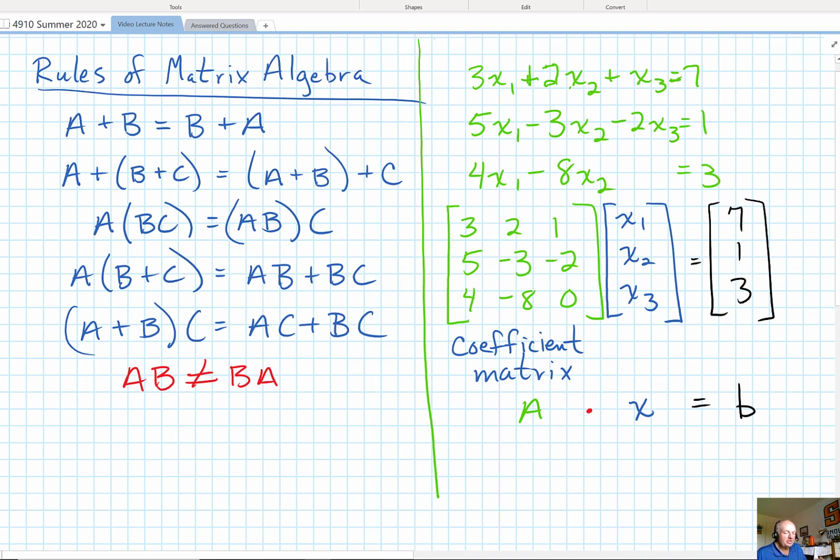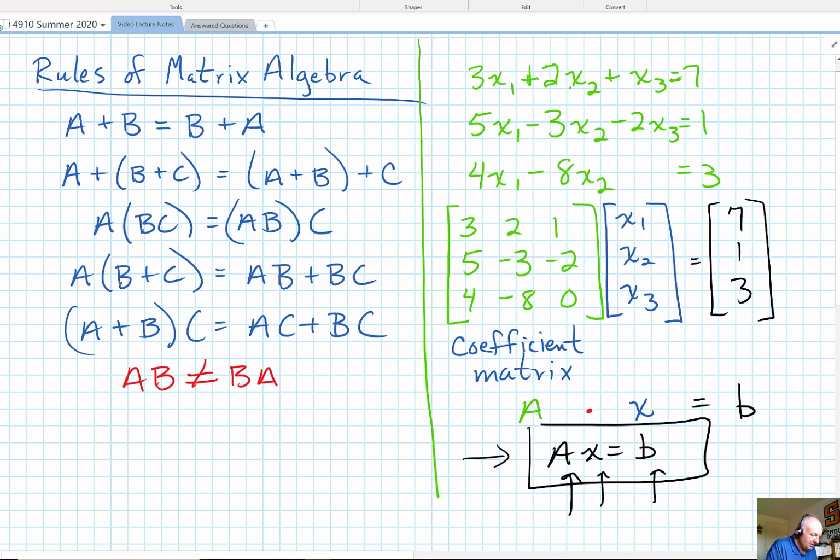So every single system can be rewritten like this: coefficient matrix times unknown column vector equals solutions vector, or AX equals B. So we have an equation, but notice all of the parts of the equation are matrices. So every system that you have can be rewritten as a matrix equation, and that's a nice matrix equation.